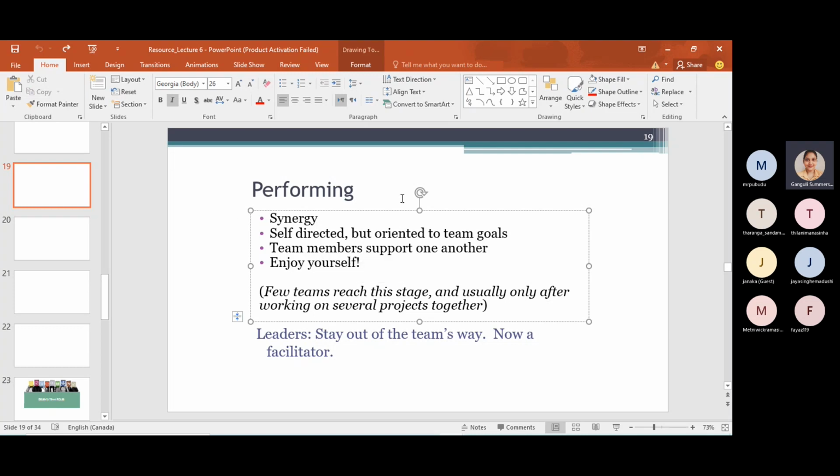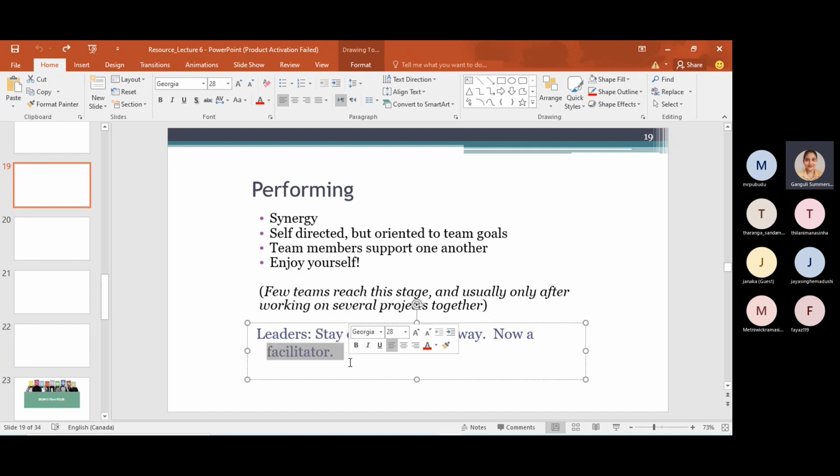So during this performing stage, what should the leaders do? The leaders should now stay out of the team and be a facilitator.